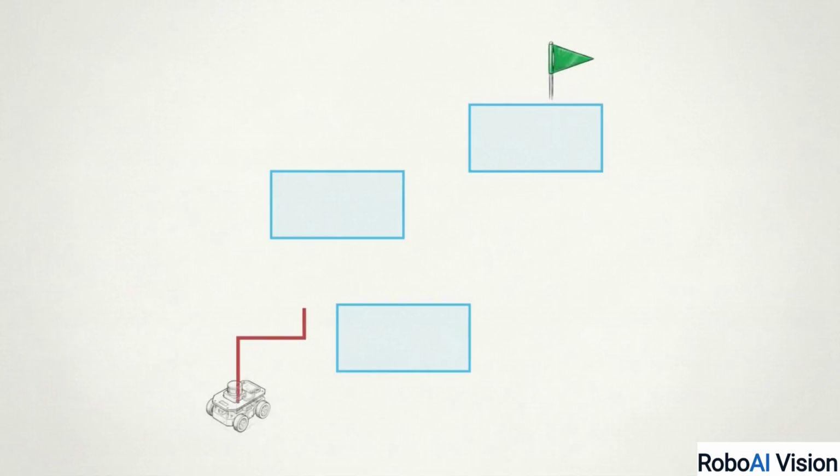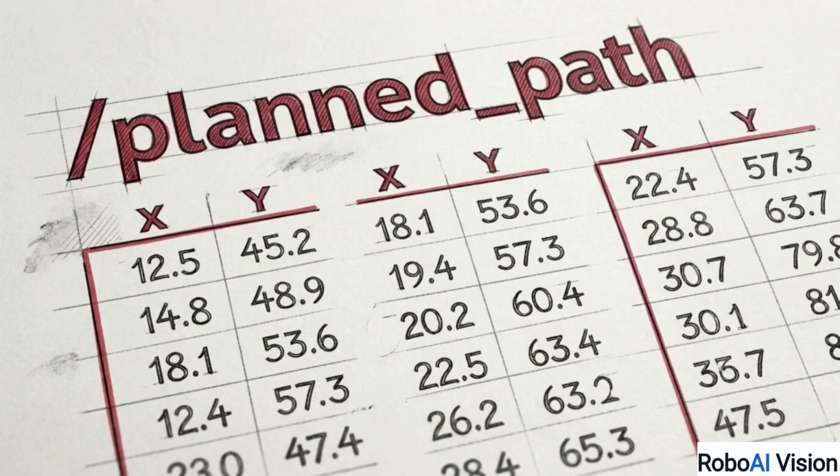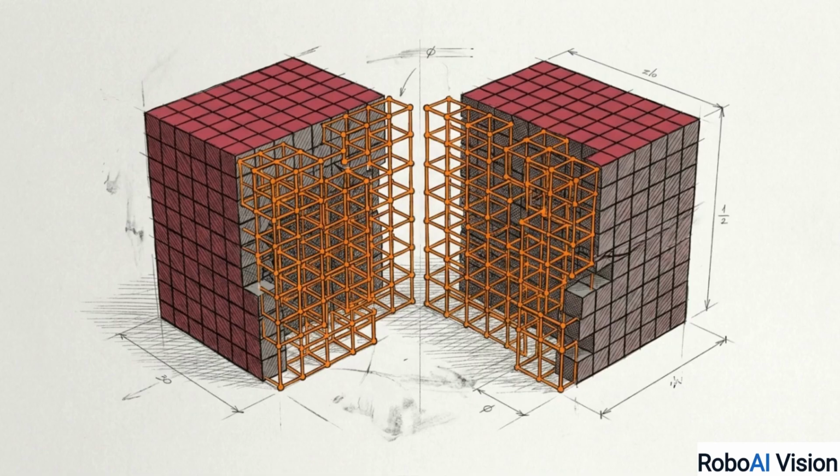It rapidly calculates the shortest, collision-free route from the robot's current position to the goal coordinate by navigating around these shapes. Once the route is calculated, the node bundles the coordinates and publishes them as a raw trajectory onto the /planned path topic. Swapping out a heavy, pixel-dense occupancy grid for a lightweight geometric obstacle map drastically reduces pathfinding latency.